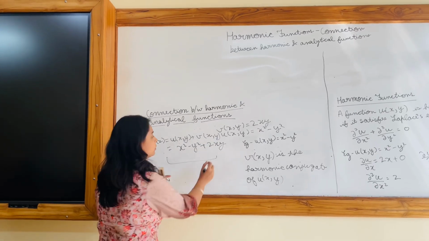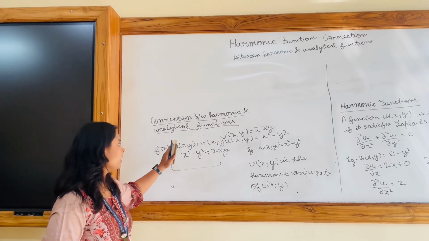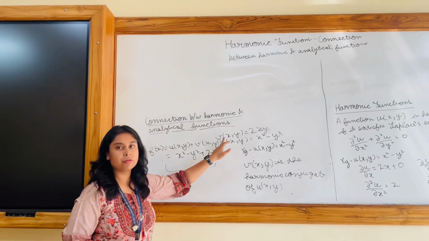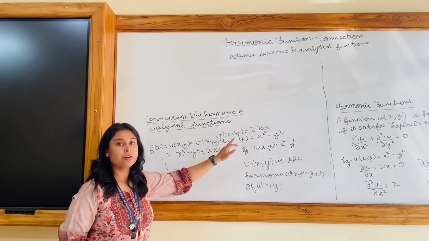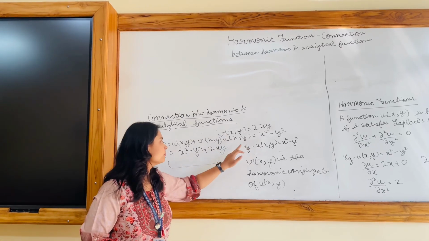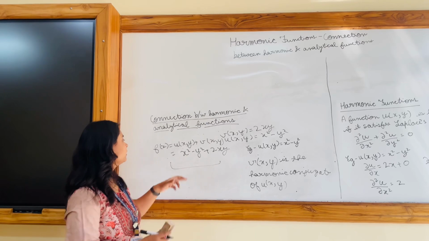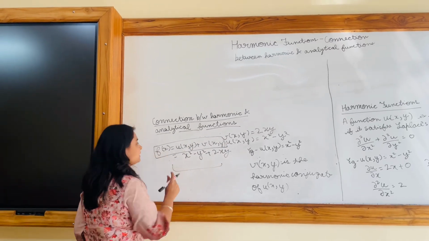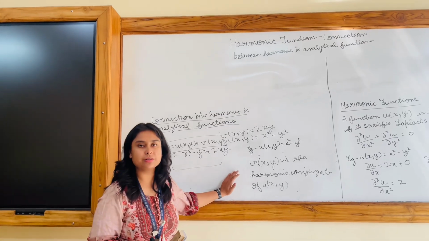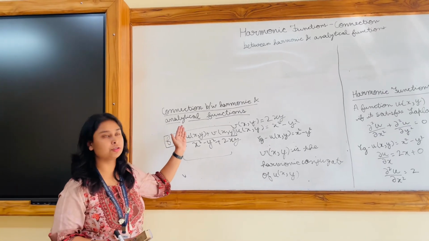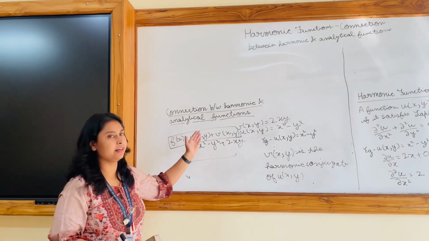Hence, it shows the connection between analytical function and harmonic function, as we have found v(x, y), the harmonic conjugate of u(x, y), and put it into the equation, and it is analytical, as we have already shown that it satisfies the CR equations. So we can show the connection of harmonic and analytical function.